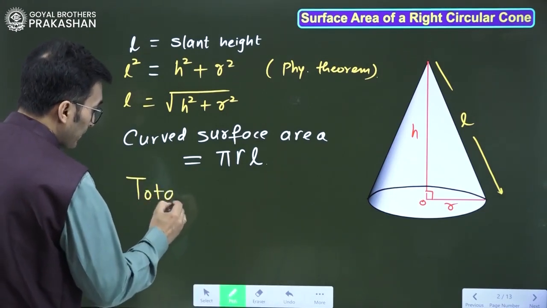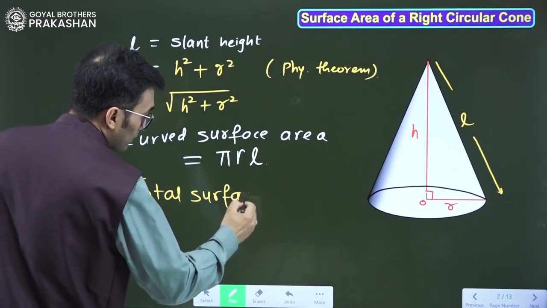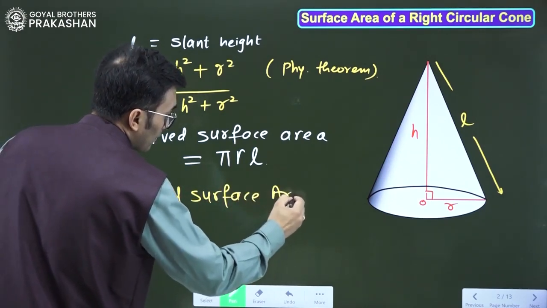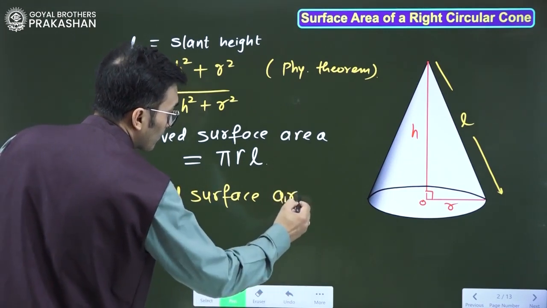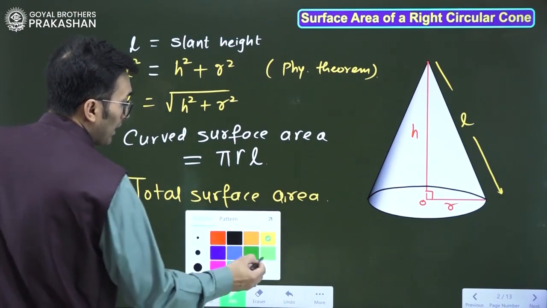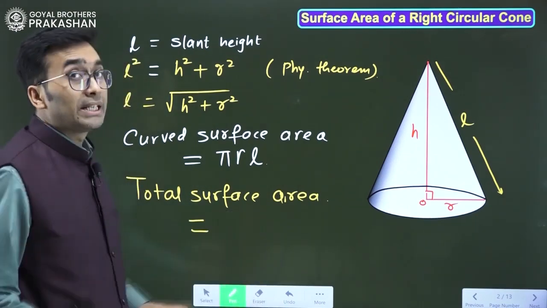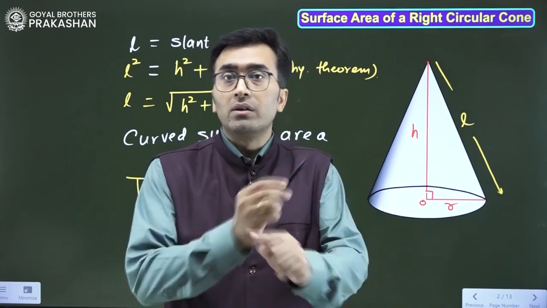Next, if we have to get the total surface area. In the case of total surface area, we always have to include the curved surface.